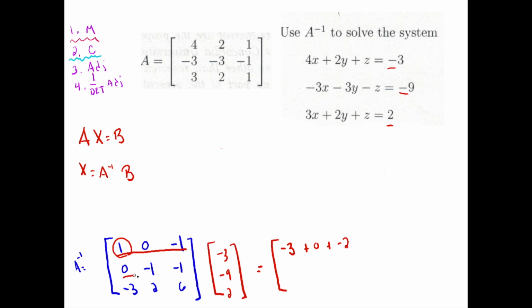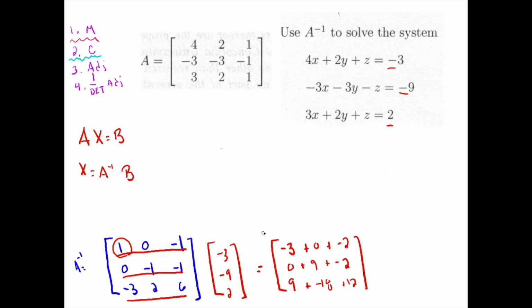Then we're going to take the second row and the first column. 0 times -3 is 0, plus -1 times -9, which is 9, plus -1 times 2, which is -2. And lastly, we take the last row, do -3 times -3, which is 9, plus 2 times -9, which is -18, plus 6 times 2, which is 12.